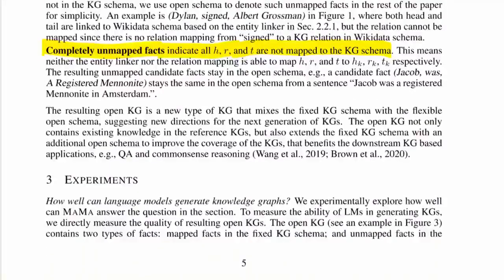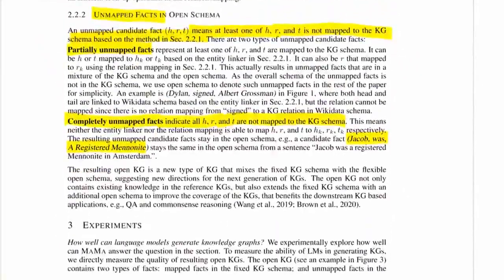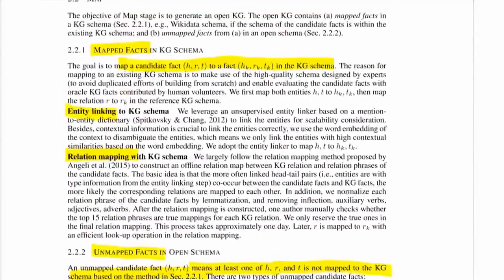Okay, for example, Jacob was a registered Mennonite. Now here, they say they have these different facts, and it's a cool thing if a model like this can actually come up with new facts. Not only new mapped facts, which is something you would expect, right? If humans provide some kind of a schema, then build a knowledge graph, this is never complete. So if you can automatically fill in missing facts, that's very, very cool.